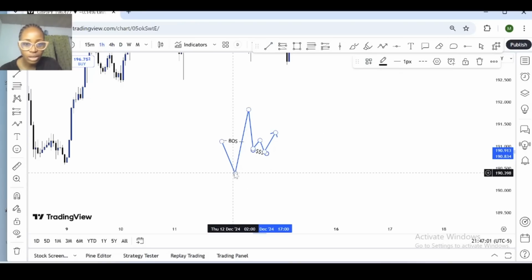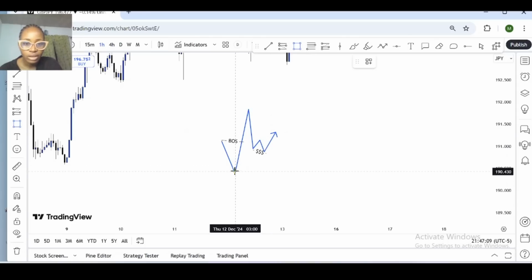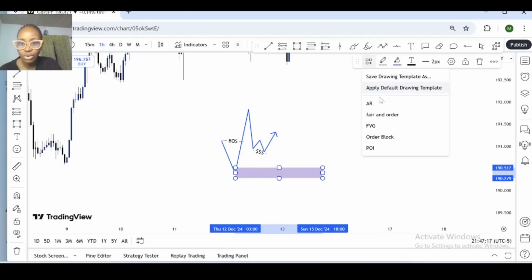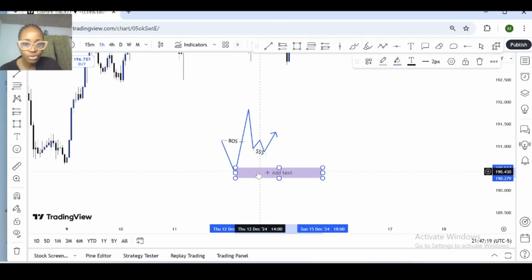And the third thing is my point of interest will be the origin that caused this break of structure here, this origin here. Now, let me mark this point out. The origin that caused the break of structure like this is going to be my point of interest here.